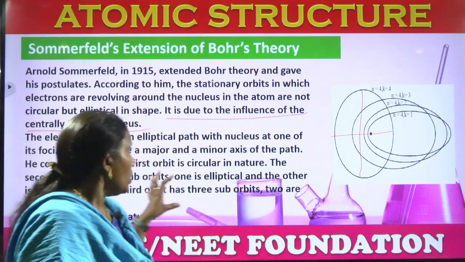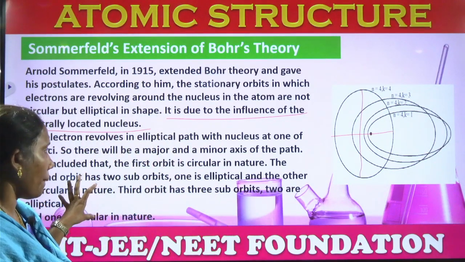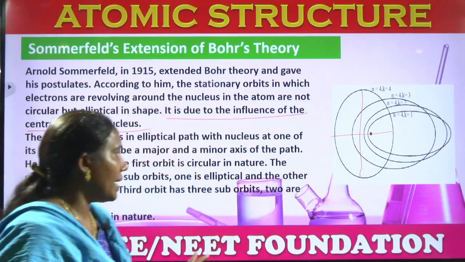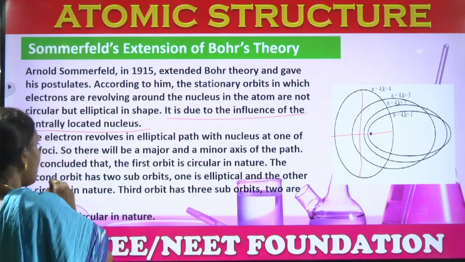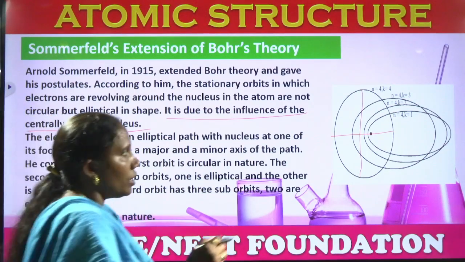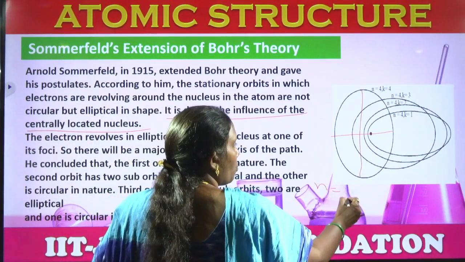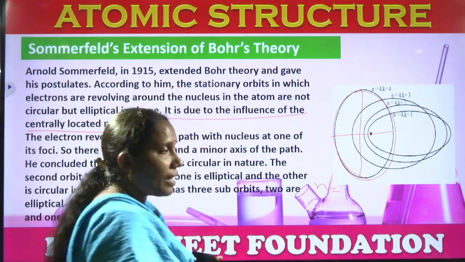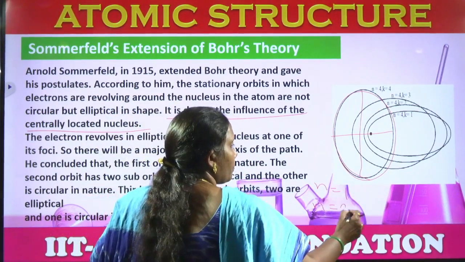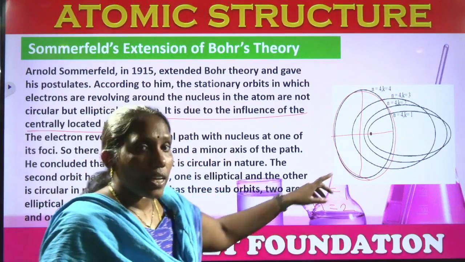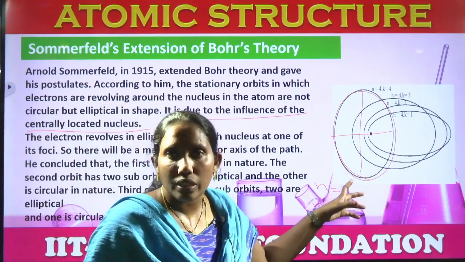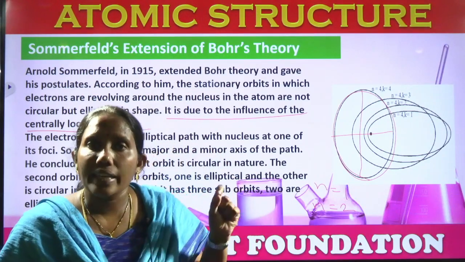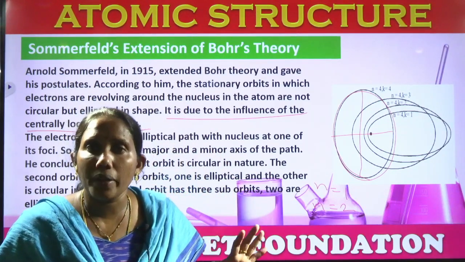Those elliptical paths depend upon the minor axis and major axis. Based on that, for the first orbit, when n equal to 1, we observe only one circular path. When n equal to 2, one orbit will be circular and another will be elliptical.